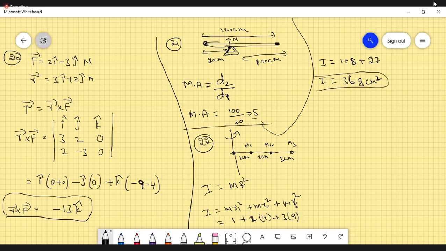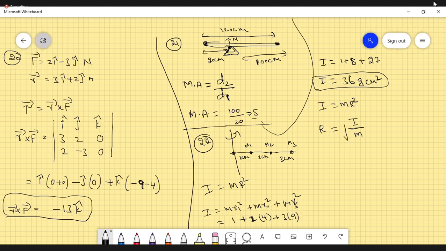Next, radius of gyration they are asking. So what is the radius of gyration? See, moment of inertia I equals total mass into r square, where r is the radius of gyration. So r equals I by m, total moment of inertia by total mass.